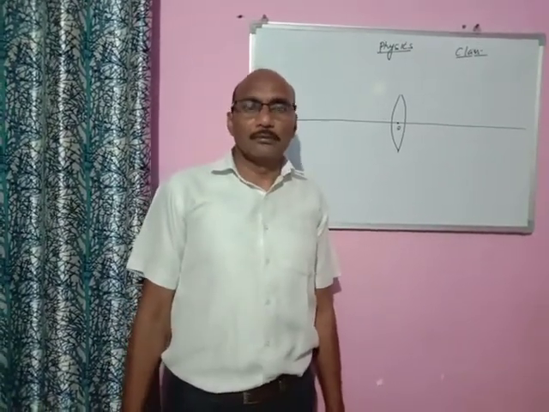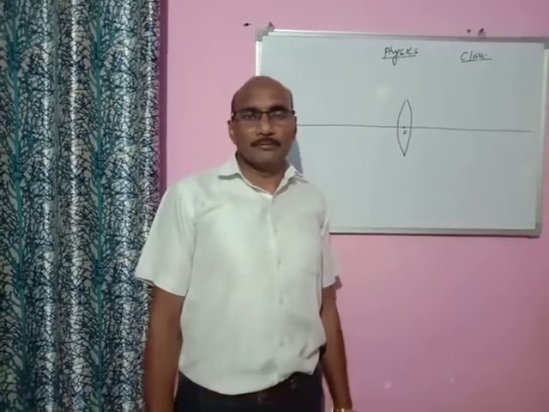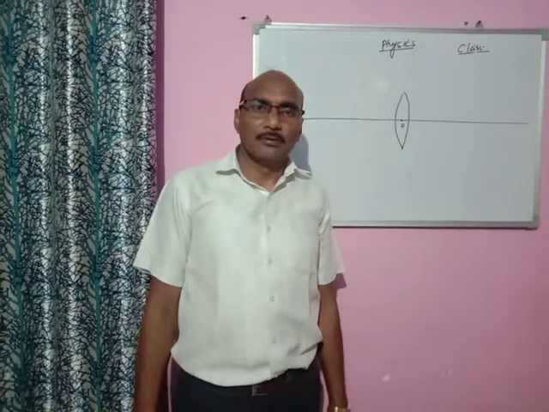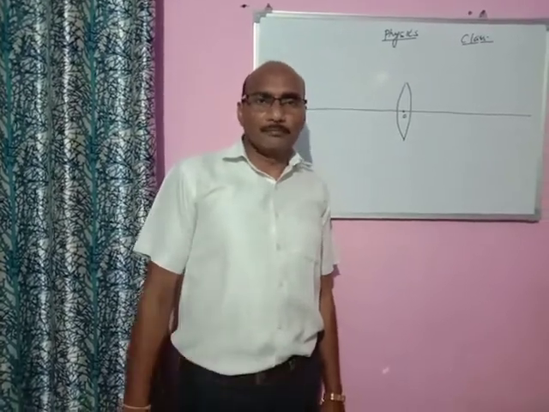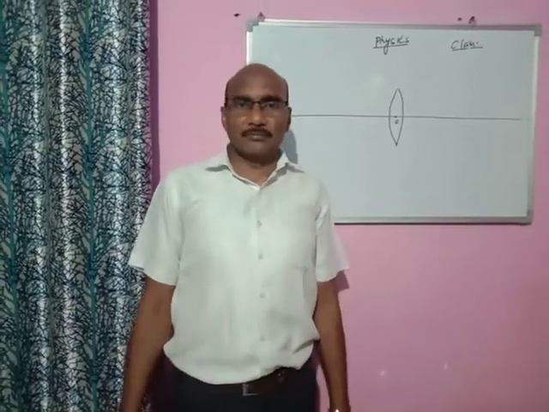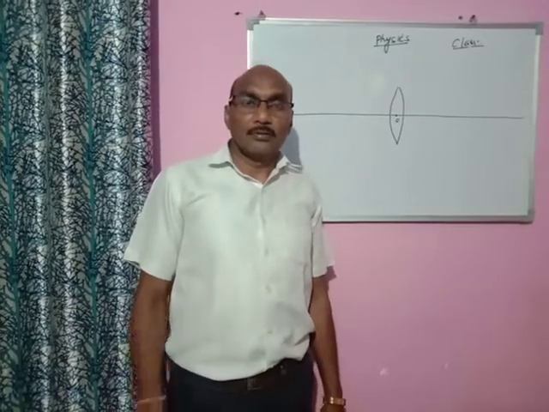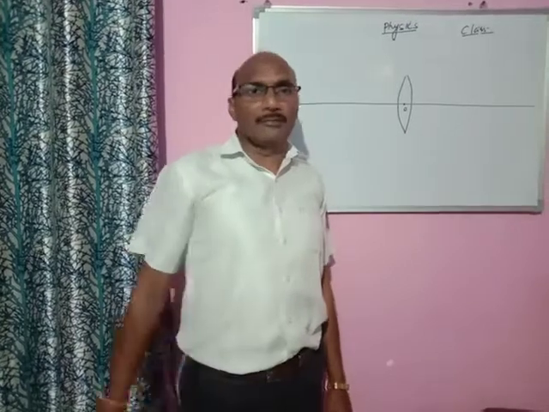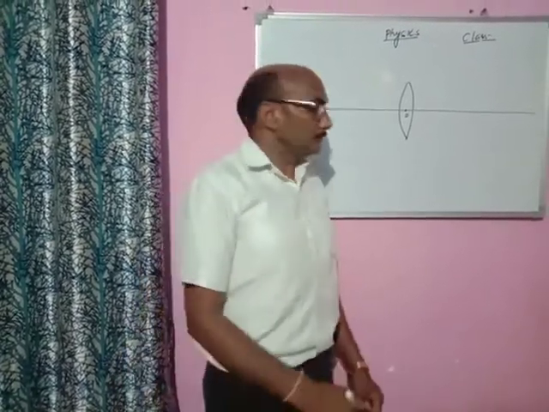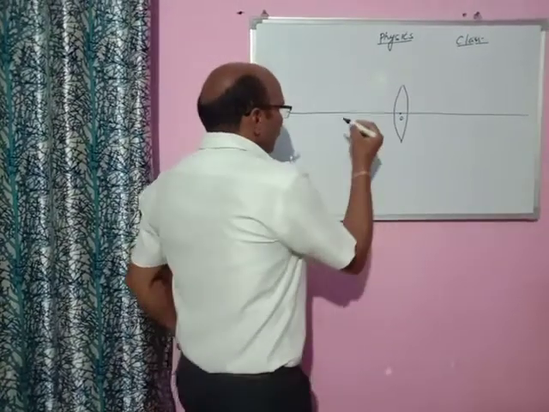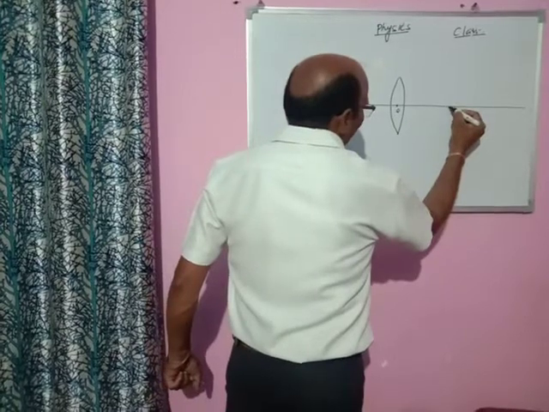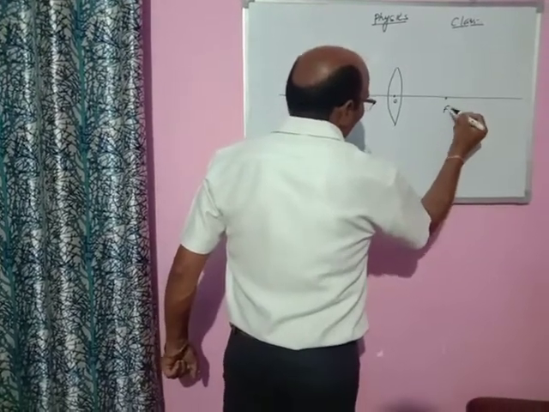Again, the first focal point is the point on the principal axis from where, if light is incident on the surface of the lens, it goes parallel after refraction, parallel to the principal axis. This is one focus and this is the second focus. I will give the name focus 1 or focus 2 later.